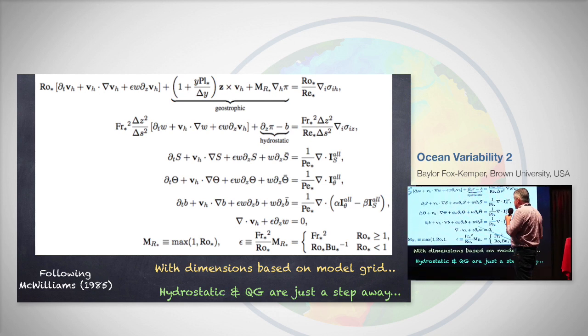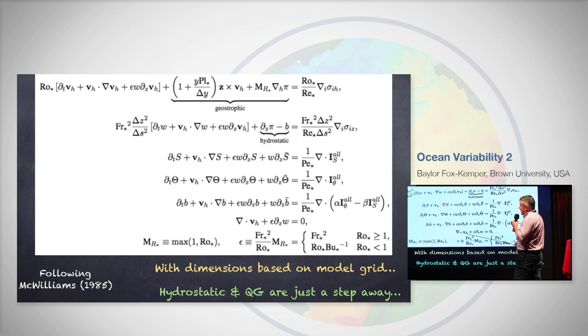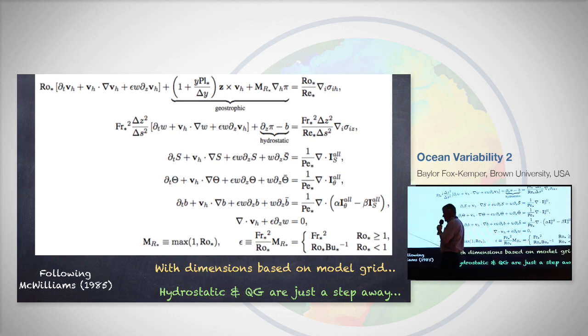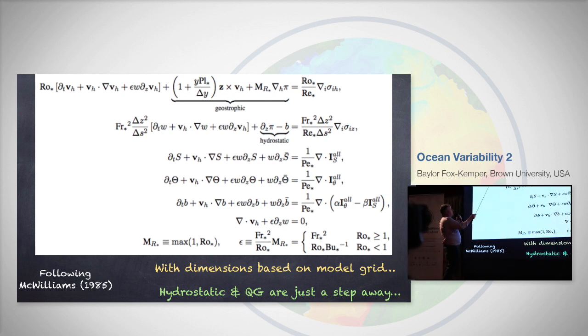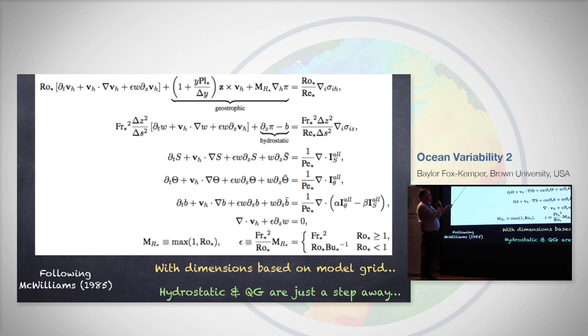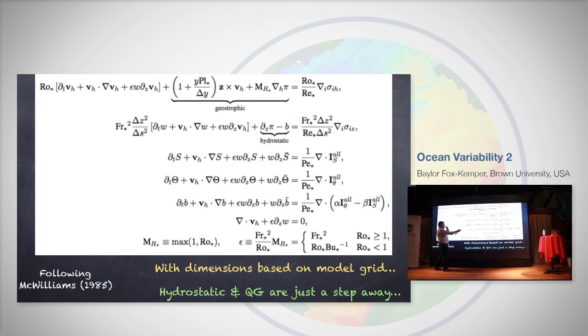Here are those same equations of motion written now in a dimensionless form where I've pulled out the Rossby number. So all of these V's are now the dimensionless velocities based on some horizontal velocity scale. This is the vertical momentum equation based on some vertical velocity scale. Now we get the Froude number and the aspect ratio out front, the Reynolds number in front of the friction term, the Peclet number in front of diffusion terms, and then this funny thing, where is it even hiding?